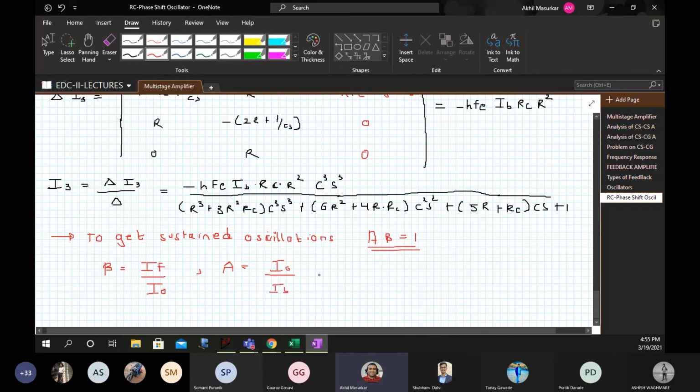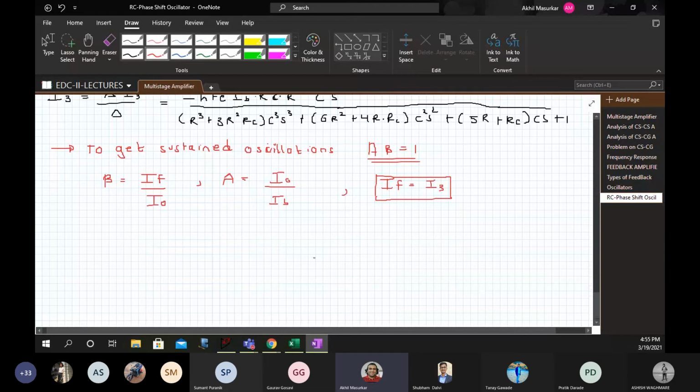But we can see that IF is equal to I3. IF is equal to I3, that is the current in the last loop is actually the input again back to the amplifier, and that is the reason why we can write A as the same I naught upon IB, but this time beta we can write as I3 upon I naught.